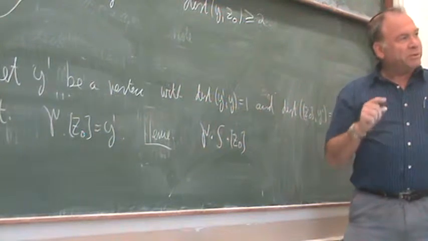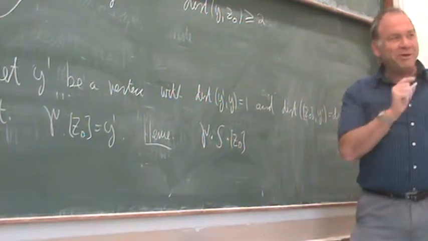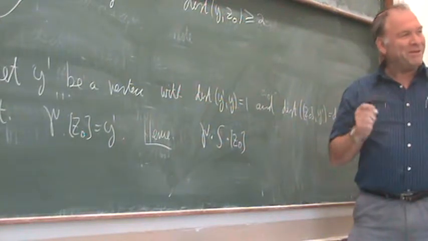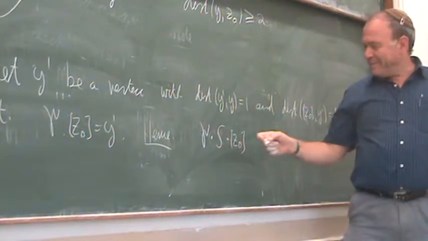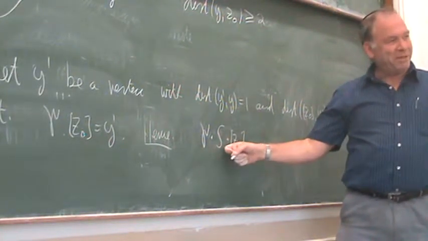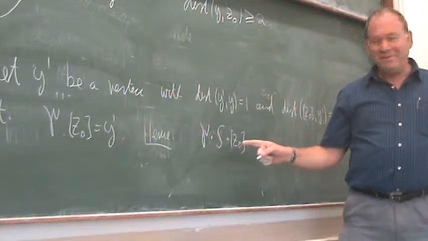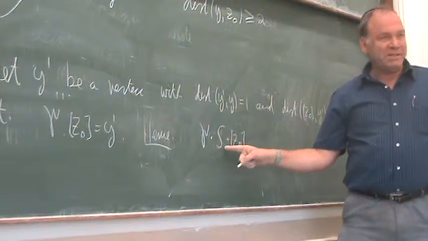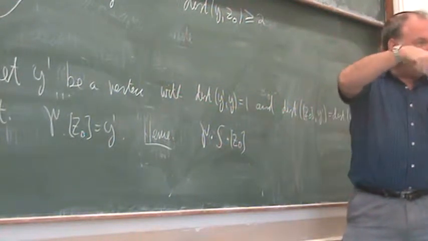I used to be always confused by this, and I made this mistake many times, so when I prepare the class, I check it. You take z naught, you move it by S to all the neighbors of z naught.